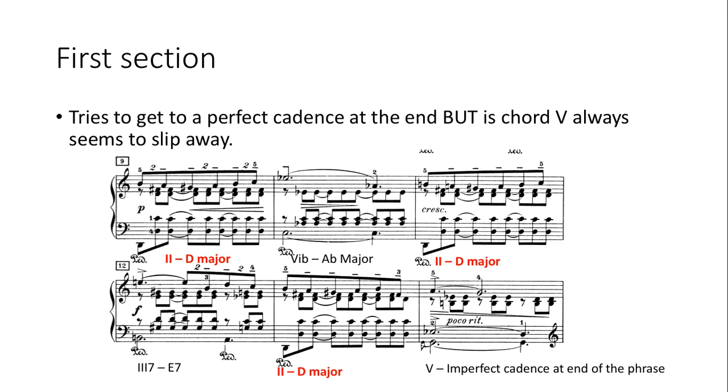Okay, so that's roughly it. So we have this expectation that we might end up on chord 5 and land on a perfect cadence, but we don't. We end up with this imperfect cadence at the end of the first section.